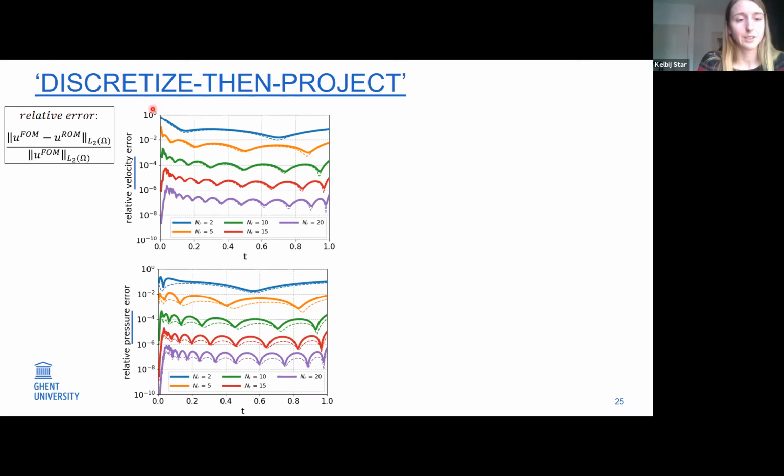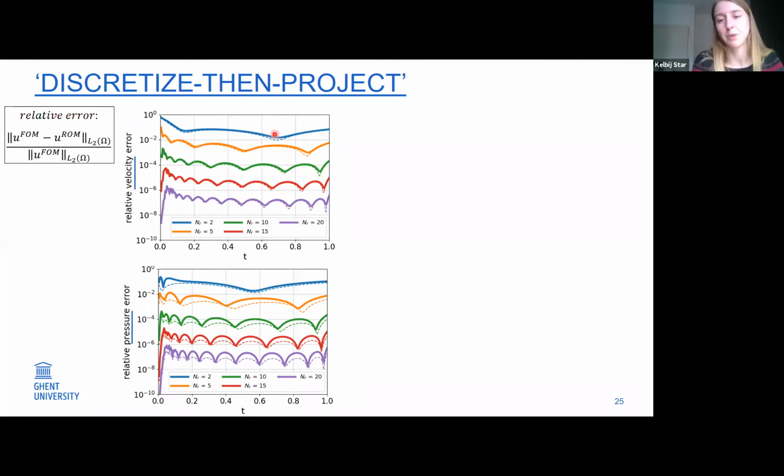You see it's a relatively high error, so I need to add some more modes to reduce it. And then at some point you say, well, it's acceptable for my case or not. There is a clear trend that the more modes you add, the more accurate your reduced order model becomes. You also see some dotted lines. That's what we call the basis projection error.